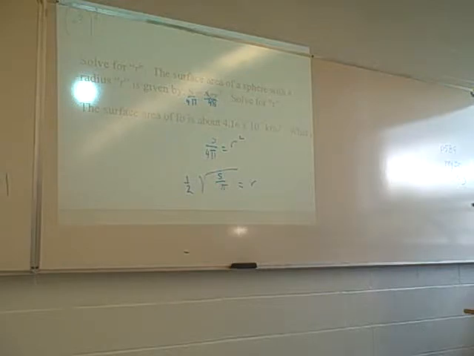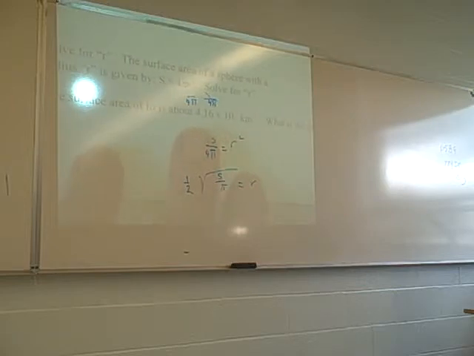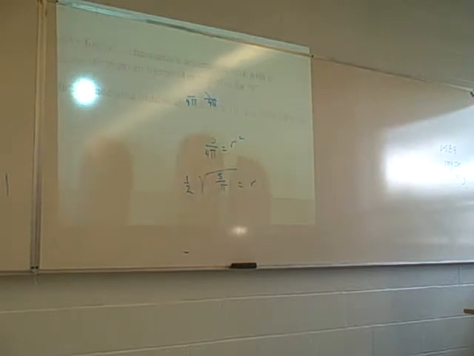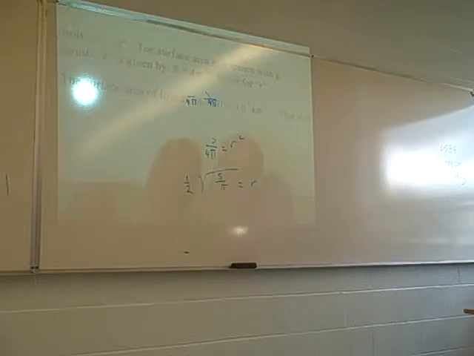All right, and then what was the question? The surface area of Io is about 4.16 times 10 to the 7th. What is the radius? And this was a matter of what? Plug and chug. Hold on a second, let me see where I did the work on this. I don't have the work, but we can figure this out.